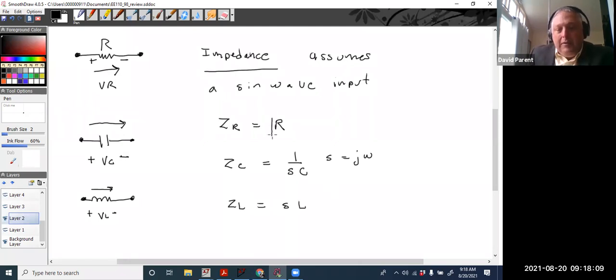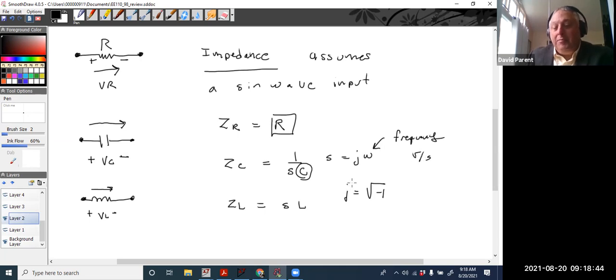And so this R is the R that you read with your colored stripes. That's whatever you read printed on the capacitor, and same there. Those are the values of R, L, and C. All right. And let's just have a quick review here. What's J? J is the imaginary number. It's the square root of -1. Okay. And this is frequency in radians per second.